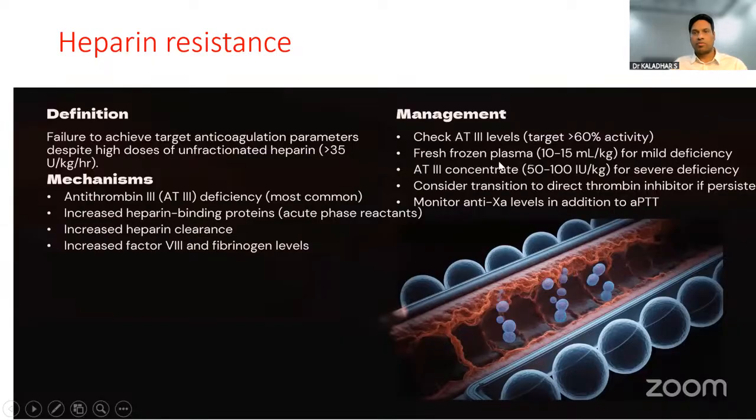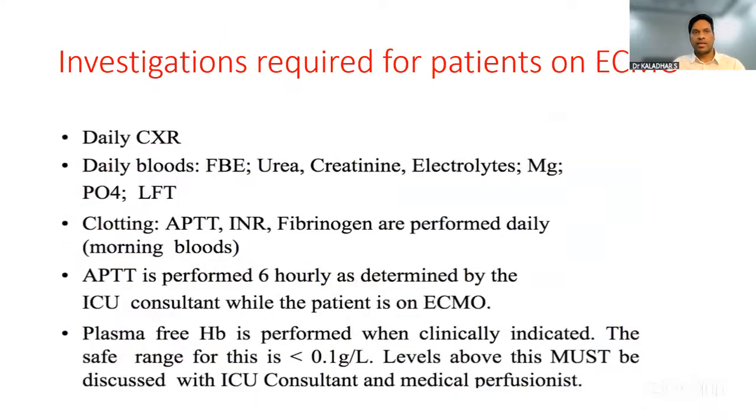But here, for anticoagulation, we are giving fresh frozen plasma. Around 1 ml of FFP provides around 1 unit of antithrombin. So we restore antithrombin, and the heparin acts better because it's indirect anticoagulation. There are also antithrombin 3 concentrates, but they are not very much available in India. So this is regarding heparin resistance.